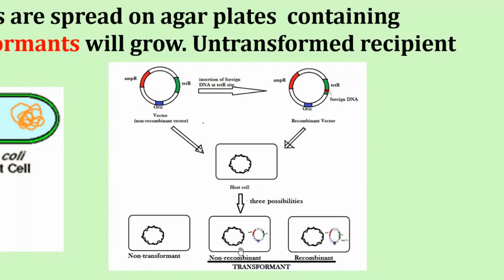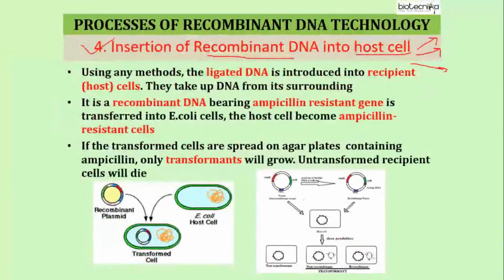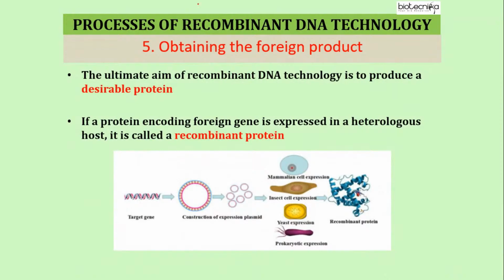That is non-recombinant, students. And the recombinant one is the desired one, where along with the vector you can see a red mark in the green area. That is the gene of interest. So here we are getting recombinant, and we will select these recombinant colonies.